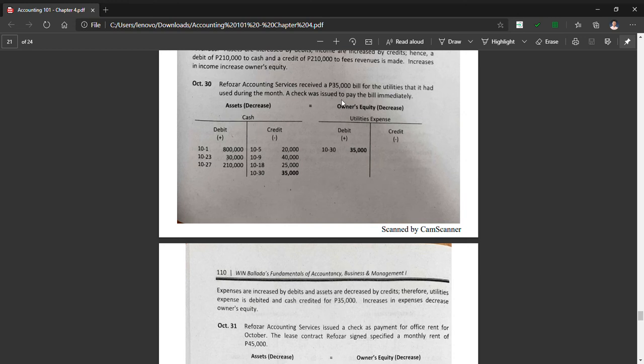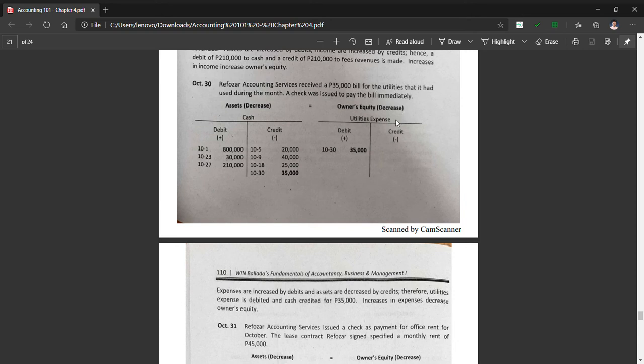So we should be crediting your cash, 35,000, kasi nga lumiit ang cash natin. Tapos dahil meron tayong bill for utilities, right? Ano yung utilities? This is for your water expenses, electricity, telephone expense. So all of these are your utilities. So this is a gastos, right? Gastos ito, yung 35,000. It is an expense.